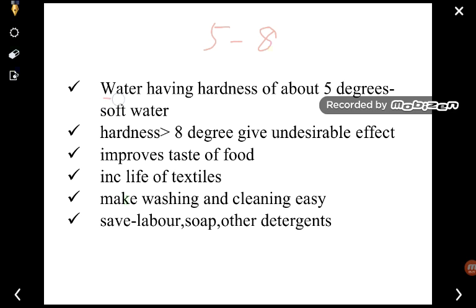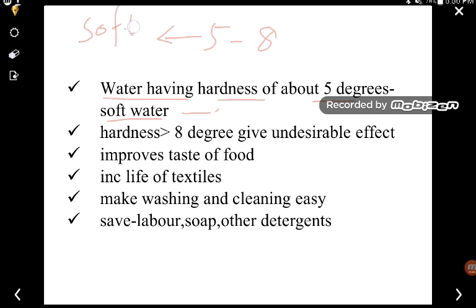So the water having hardness of about 5 degrees is said to be soft water.